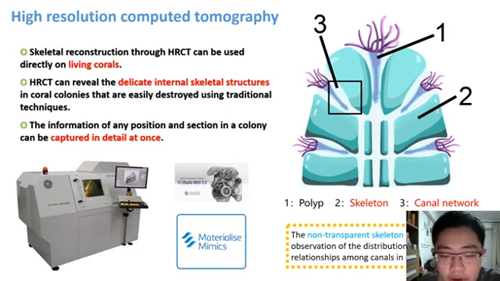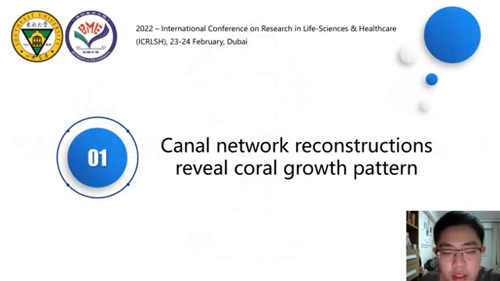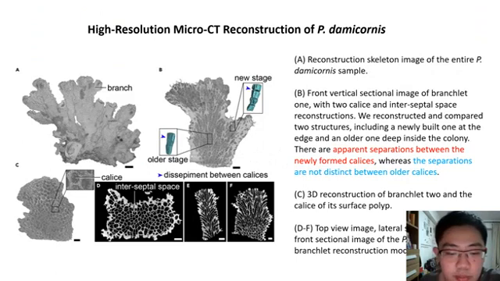However, there are various challenges in studying coral growth pattern regulations using CT sectional slices and signal-dependent skeleton reconstruction. To fill the current knowledge gaps, we created a novel method of canal reconstruction, which uses HRCT to study coral growth pattern regulation in Porites cornis, visualizing its canal network, binding signals, polyp relationships, colony growth direction, and coral branching regulations.